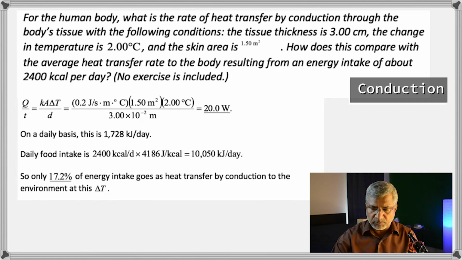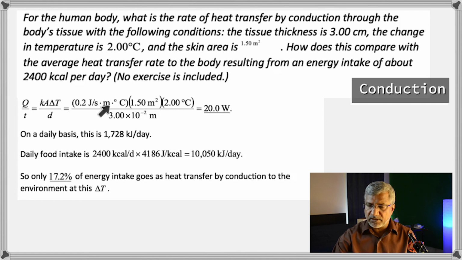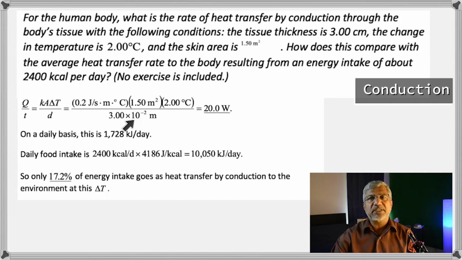All right, so Q by T here is there. That is the thermal conductivity of the tissue, which is given. Then you have the area in meter squared, and then the change in temperature is 2 Celsius. Thickness is 3 centimeter, which is 3 times 10 to the negative 2 meter.